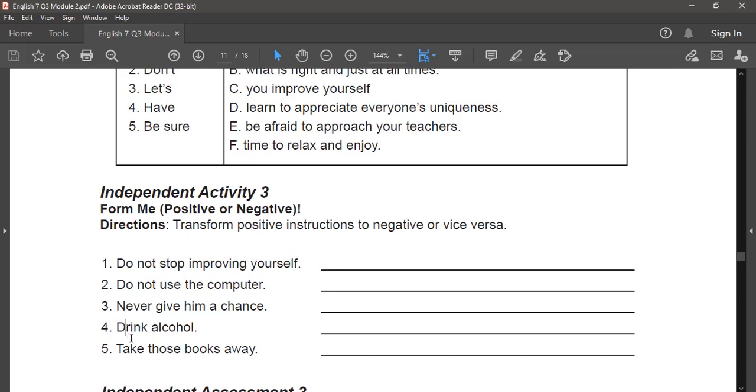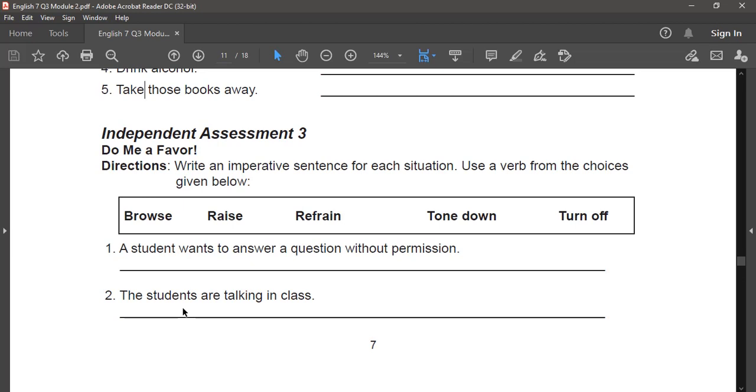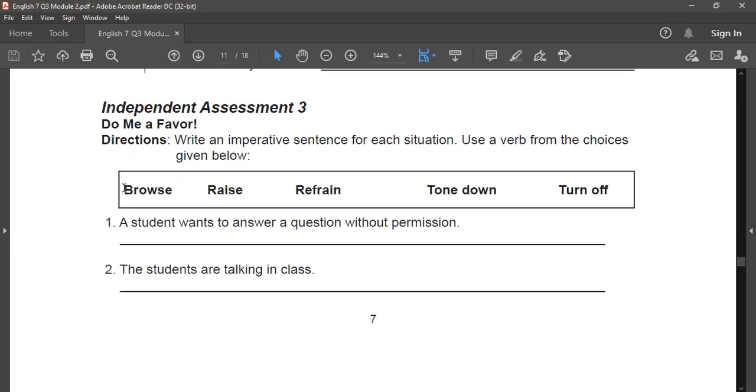And this one, since it is positive, rewrite it to make it negative. And the last part under what's more, we have here independent assessment number 3. We have here the given, and these given are all verbs. You will be using these verbs to make an imperative sentence, based on the situation.